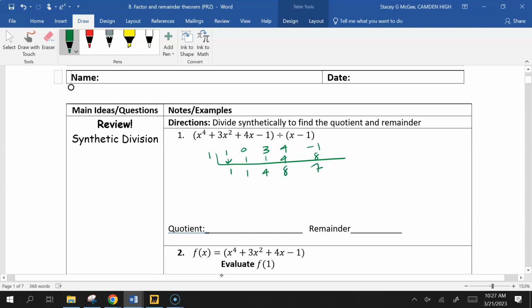So it's the answer that you got, right? And we're going to leave the remainder off because it's asked for that separately. So we have 1x to the third plus 1x squared plus 4x plus 8. And my remainder is 7 over x minus 1. Everybody good with that?